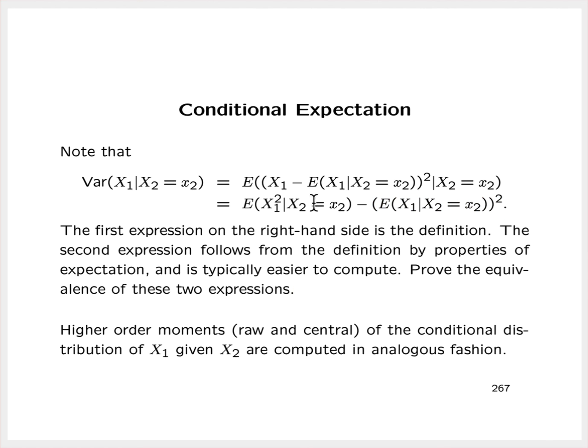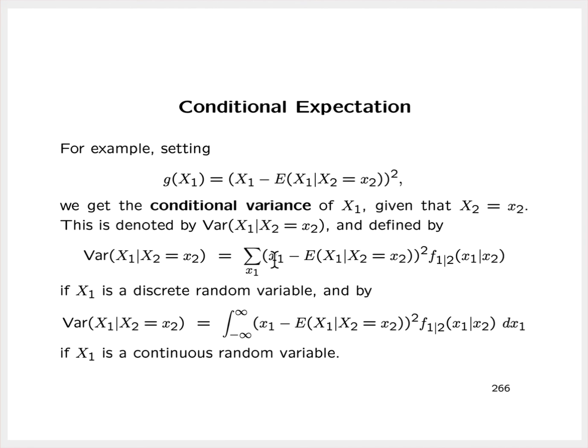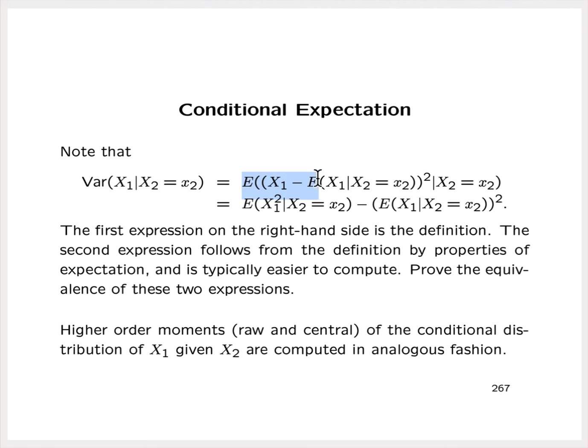So what I would encourage you to do, just as a little side exercise, is to write it out and prove to yourself that these two expressions are equivalent. Now, higher order moments, both raw moments and central moments of the conditional distribution of x1 given x2, are computed in an analogous fashion. If I go back to the previous slide, the expected value of this quantity is the second central moment of the conditional distribution of x1 given x2.